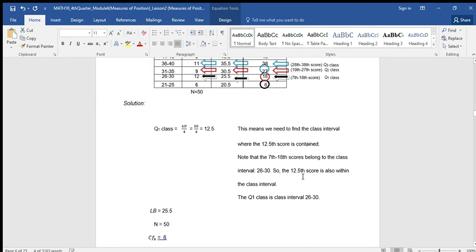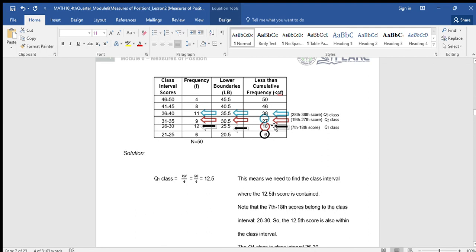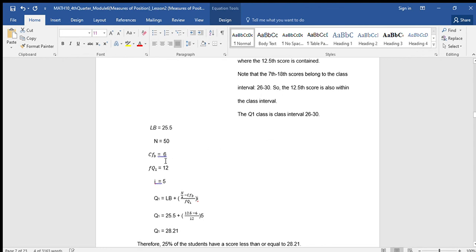So again, kinsa gali ang atong class diri sa 18, right? Si C is kadtong cumulative frequency before 18. Kay si 18 mao na ang atong gitunaan, di ba? So before ana mao na ang atong C. So unsa may before ana, we have 6. Correct? Mao nang si C nato is 6.